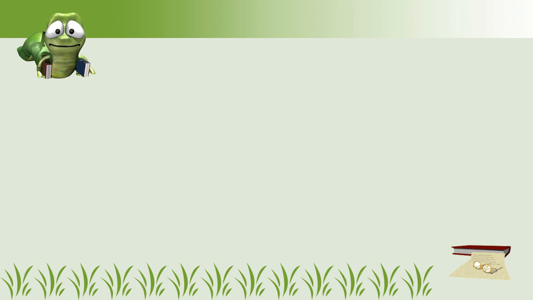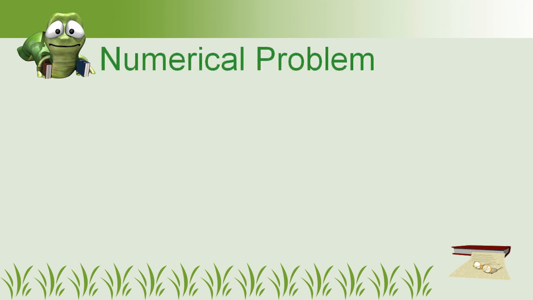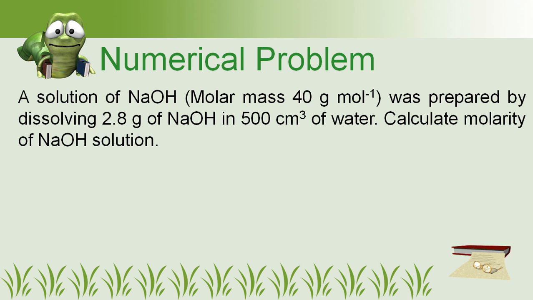Now let's see one example. A solution of NaOH, which has a molar mass of 40 gram per mole, was prepared by dissolving 2.8 gram of NaOH in 500 cm cube of water.